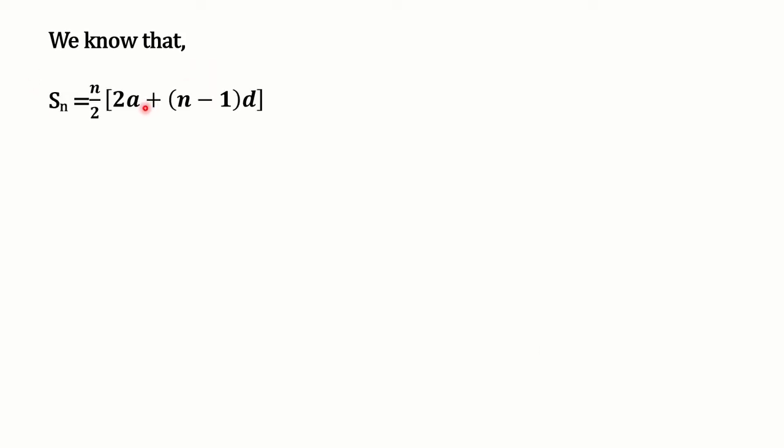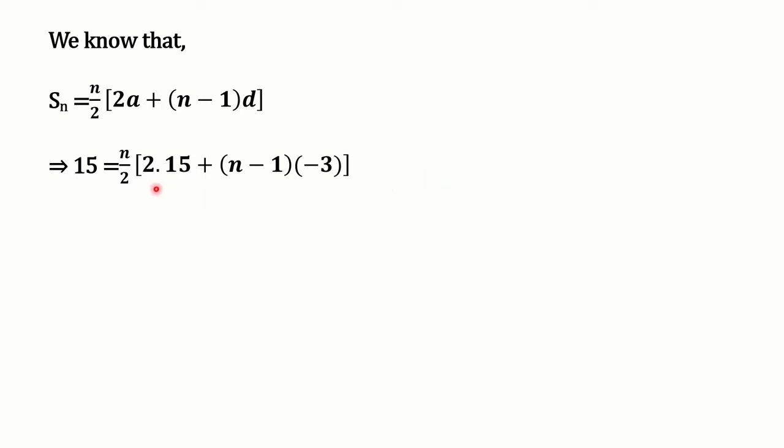We know that the sum is given by this formula. The sum Sn is provided as 15. n is unknown. a is also provided, 15. And d, the common difference, is provided as minus 3. So we'll input the values of Sn, a and d to get this line.